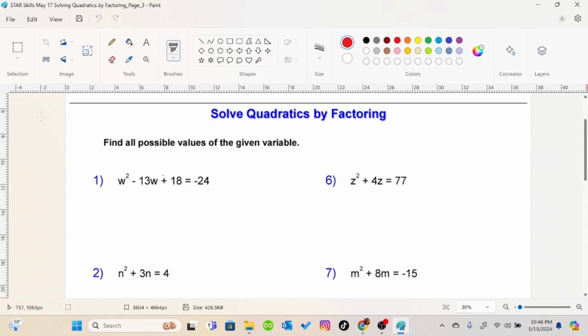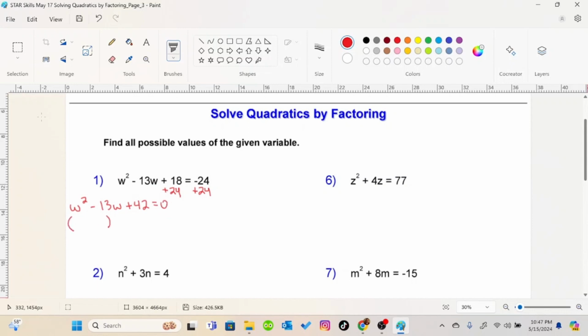So in number 1, we're going to add 24 to both sides. So this becomes w squared minus 13w plus 42, and we're going to set that equal to 0.